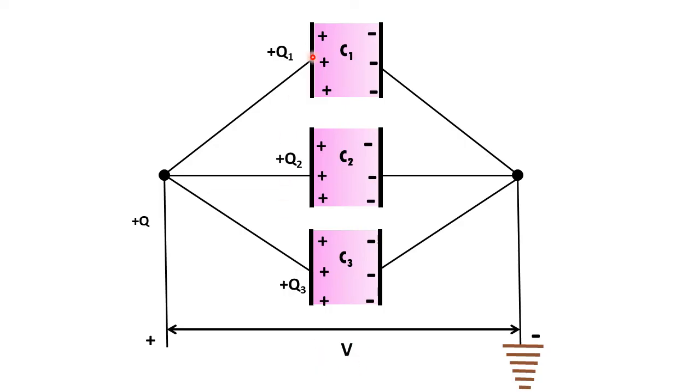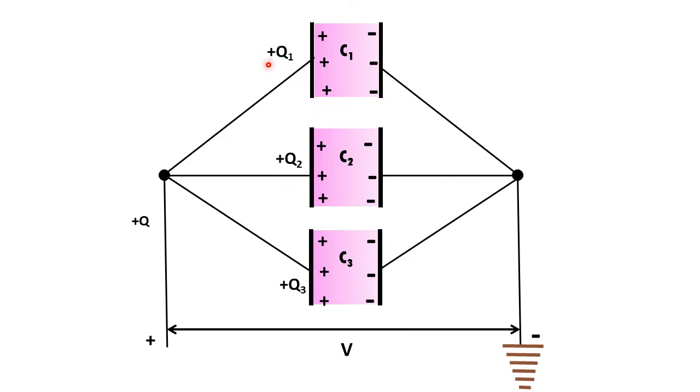So potential difference across the plates of first capacitor is V, across second capacitor is also V, and across the plates of third capacitor is also V. But their capacitances are different, therefore unequal amounts of charges will be accumulated across the plates of different capacitors.